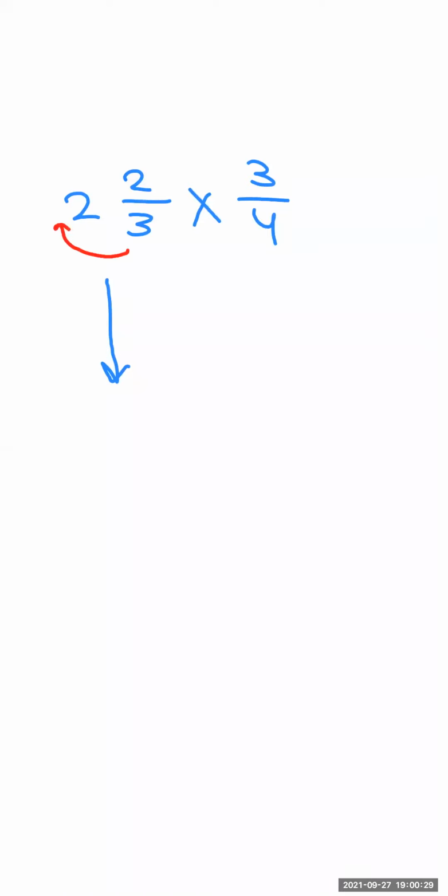The next point, which is actually the last one, is how to multiply a mixed number by a fraction. Never mind, it will be exactly the same. If there is a mixed number like 2 and 2 over 3 times 3 over 4, we said that whenever you see a mixed number in any mathematical operation, just convert it into an improper fraction. So 3 times 2 equals 6 plus 2 equals 8 over 3 times 3 over 4.